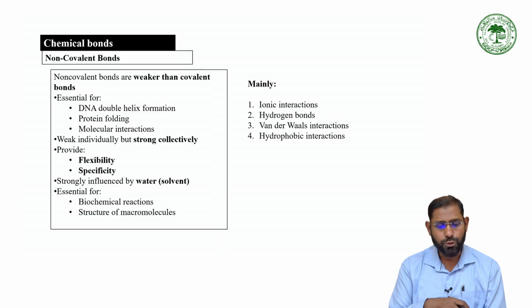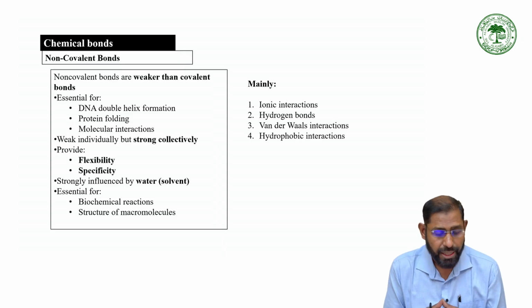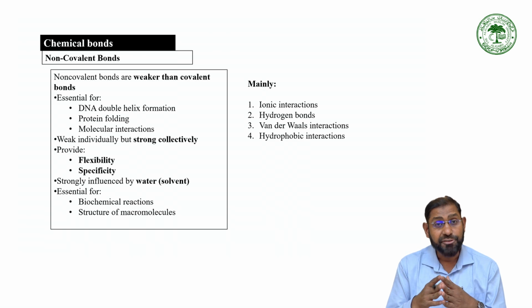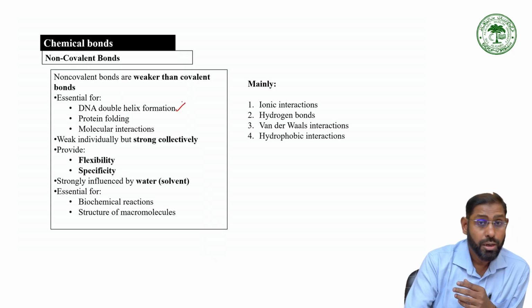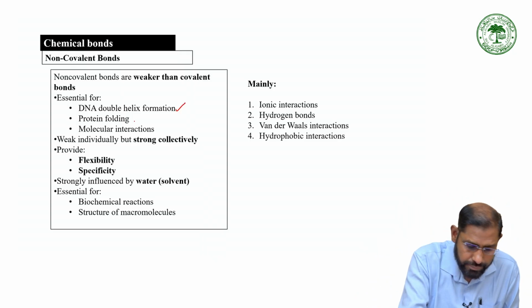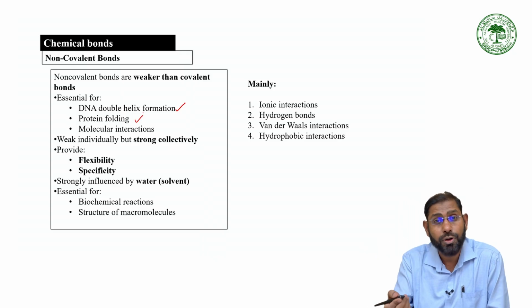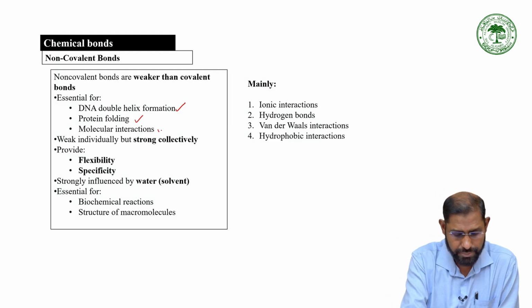Chemical bonds also include non-covalent bonds. We discussed the covalent, now it comes to the non-covalent bonds. These bonds are weaker than covalent bonds, but are very essential to maintain the formation of the double helix. They are also important for protein folding and for molecular interactions.